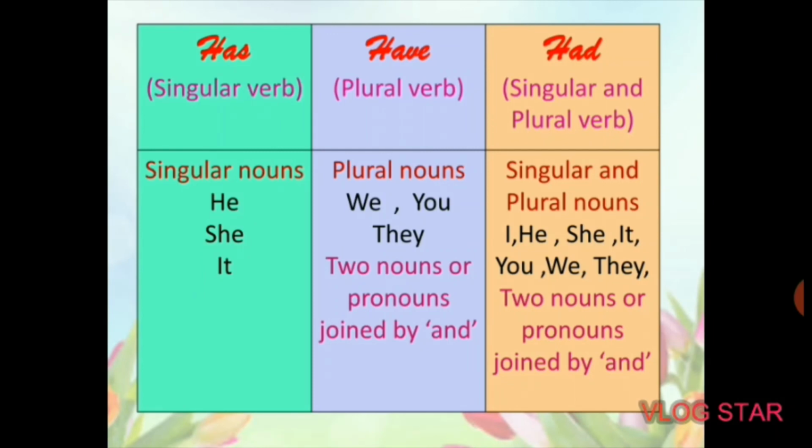Has is a singular verb and it is used with singular nouns and with the pronouns like he, she, it. Have is a plural verb and it is used with the plural nouns and with the pronouns like we, you, they, and when two nouns and pronouns are joined by and.